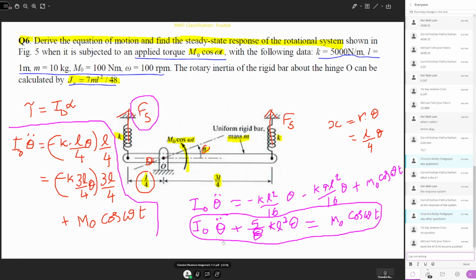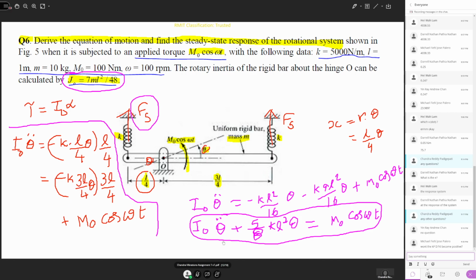All right, so the equation of motion is just bringing these two negative terms to the other side. Theta double dot is the angular acceleration, and theta is the angular displacement. I naught is given, which is 7 m L square over 48.